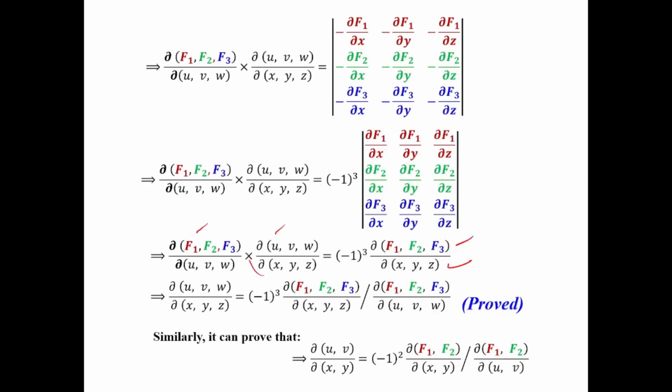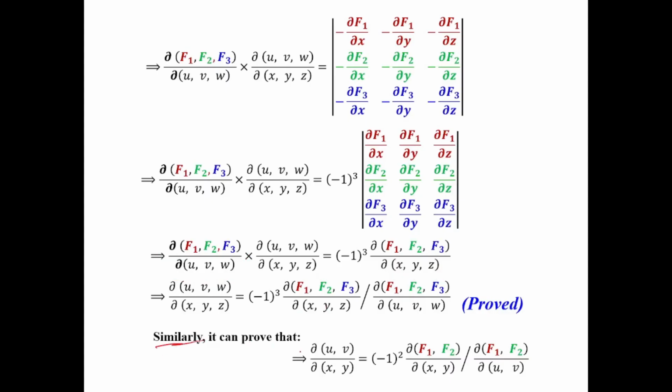Now that implies Jacobian of UVW with respect to xyz then will be equal to, right hand side we have minus 1 to the power 3 into this much written as such, whole divided by this term. This term will be moved this side, so obviously whole divided by this term, that is your del f1 f2 f3 by del UVW, or you can say Jacobian of f1 f2 f3 with respect to UVW, hence proved.